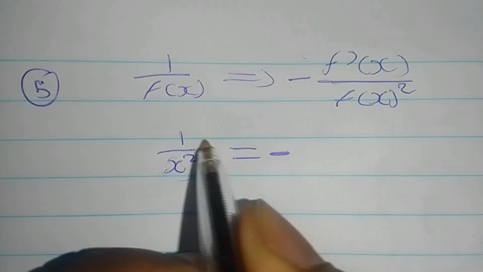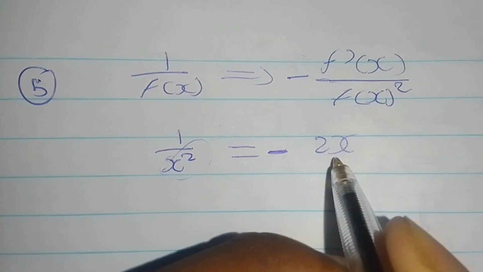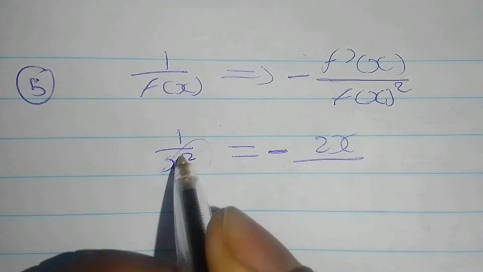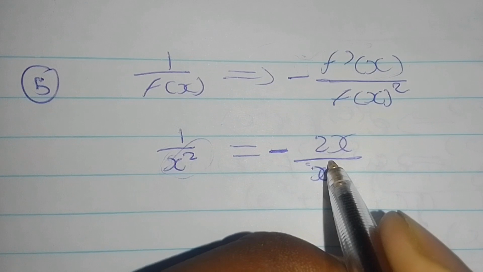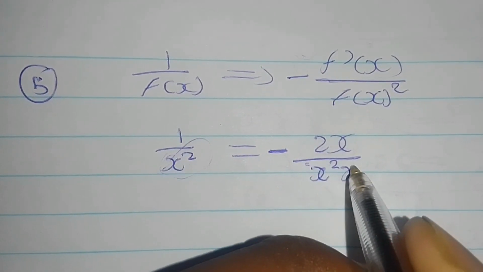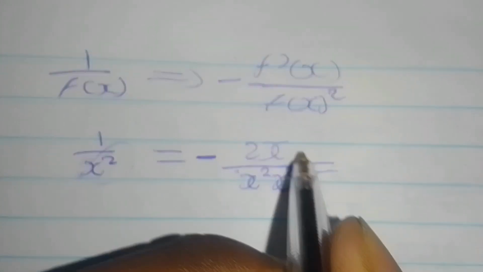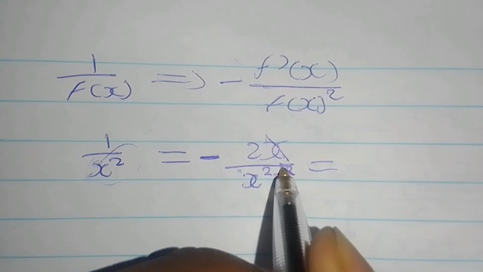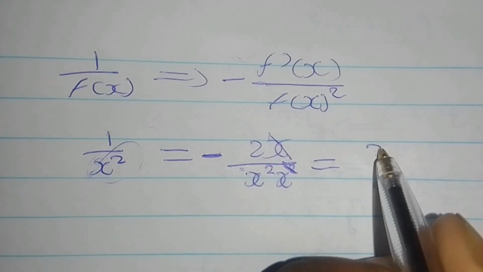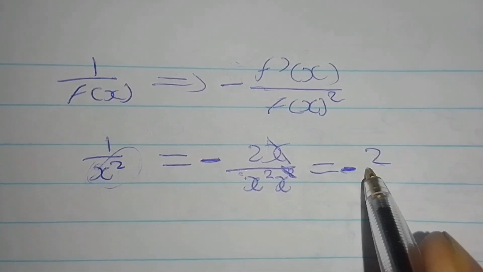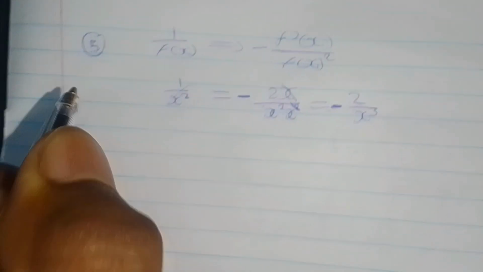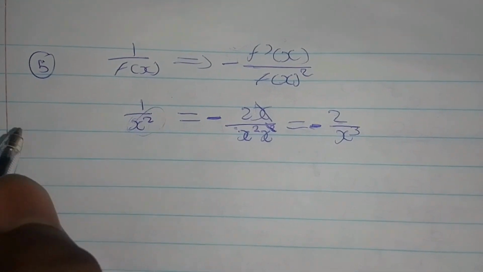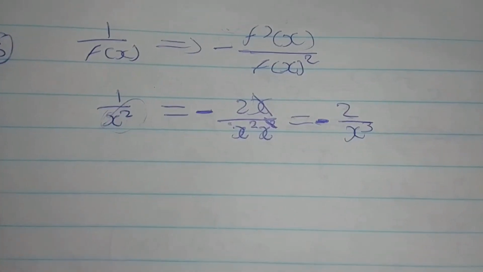You take the derivative of x squared, which is 2x, and you divide by this squared, which is x squared squared. x squared squared just means x squared times x squared. Notice that this x will cancel one of the x's, and you'll have 2. You still have that negative, you'll have 2, and you'll have x squared times x, which is x to the third. That's how you can derive this.